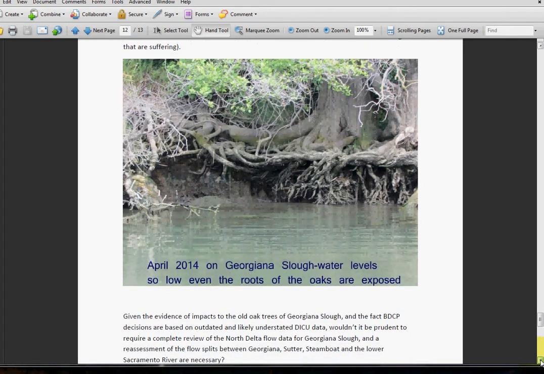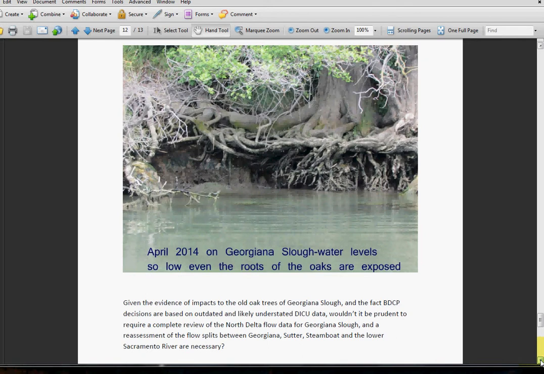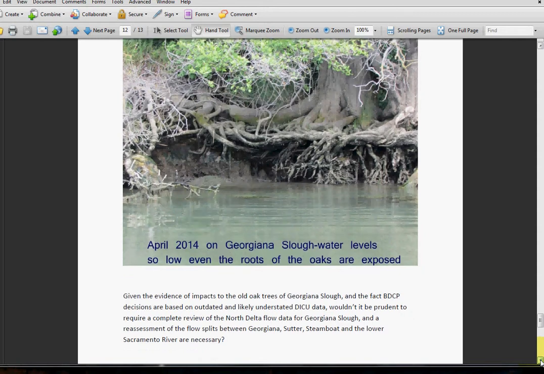So none of this was reported as an impact in the Bay Delta Conservation Plan, and this is a plan that's supposed to restore the Delta environment. Note that basically everything north of Highway 12, or north and east, used to, before there was ever any conveyance of water away from the Delta, have tall trees, and it was beautiful, and along the natural levees, like Steamboat Slough had natural levees, the lower Sacramento River had natural levees, and they had oaks and sycamores and trees like that.